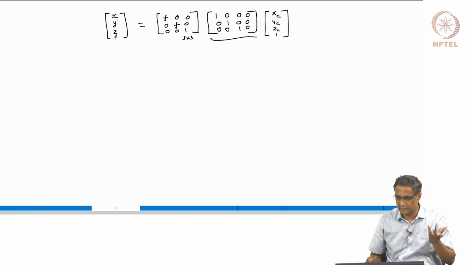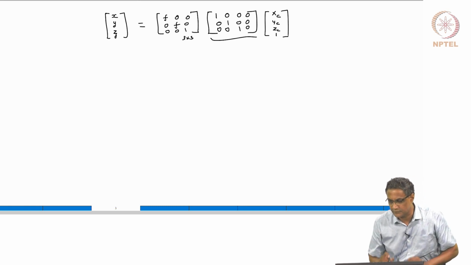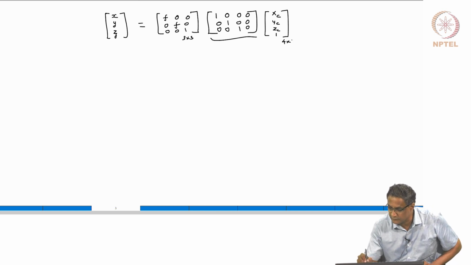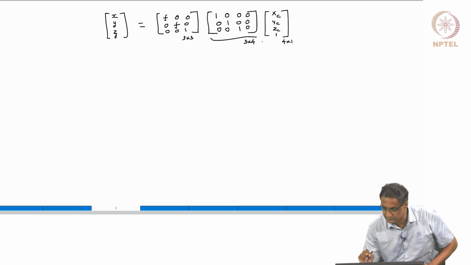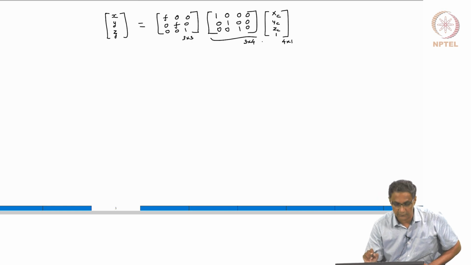So the same thing, when you want to express the 3D coordinate in terms of its homogeneous form, xc, yc, zc, 1. So you have this as 4 cross 1, this is 3 cross 4, this is 3 cross 3. Effectively you will get 3 cross 1 on the left.